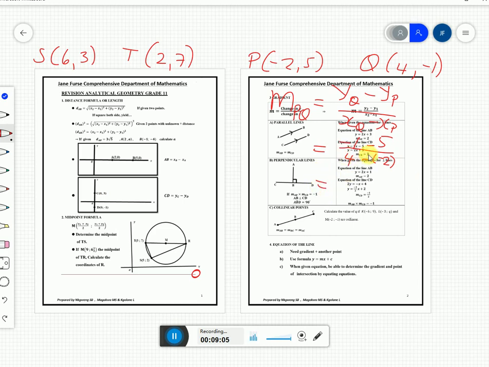Now let's work this one. -1 minus 5 is -6, divided by 4 plus 2, which is 6. So it's -6 over 6, which is -1.